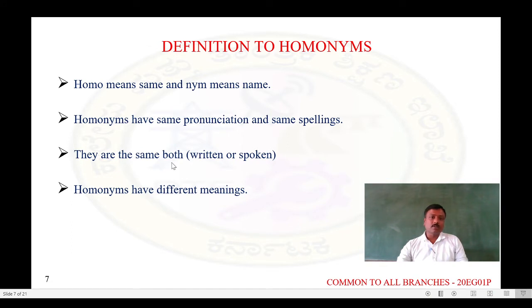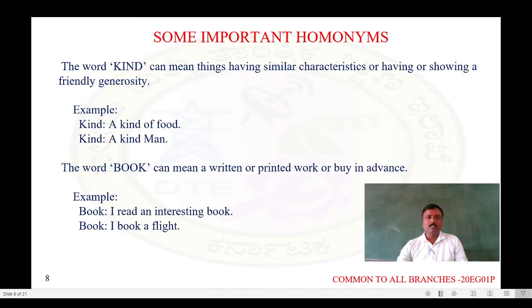They are the same both in written and spoken form, but homonyms have different meanings. So homonyms are those words which have the same pronunciation, the same spelling, but different meanings. Let's see some more examples of homonyms. For example, the word kind can mean things having similar characteristics, or showing a friendly generosity.